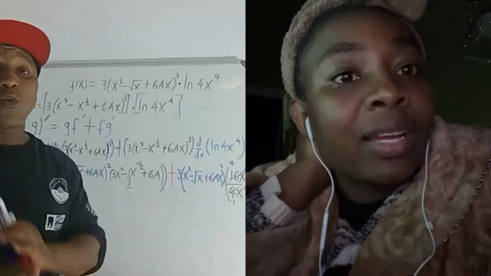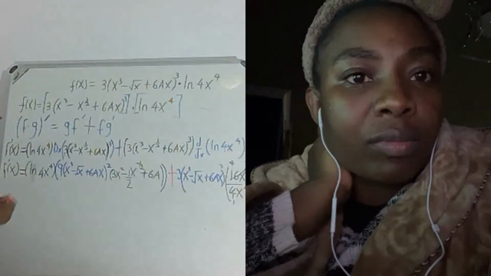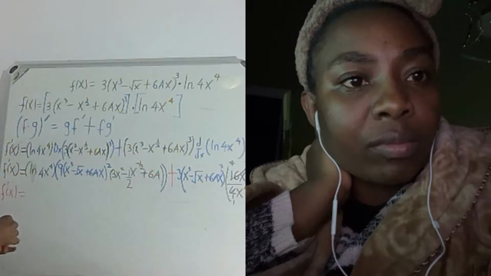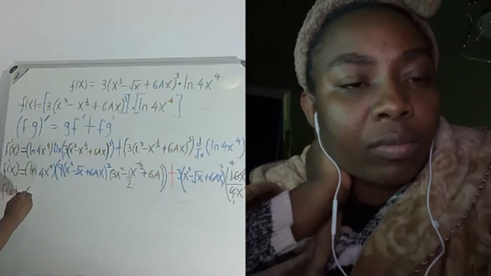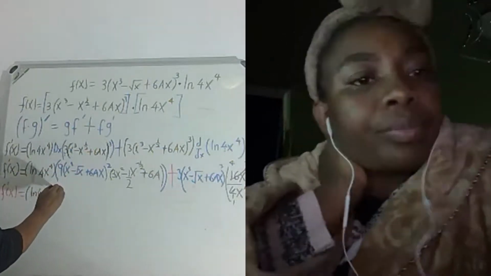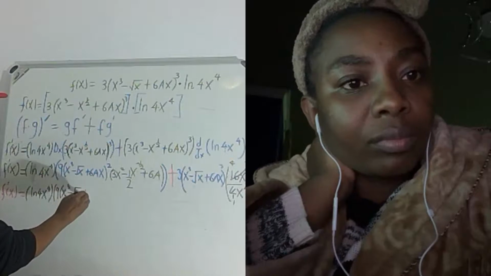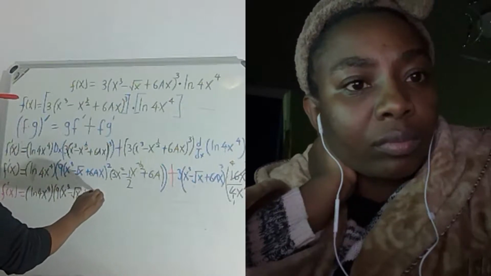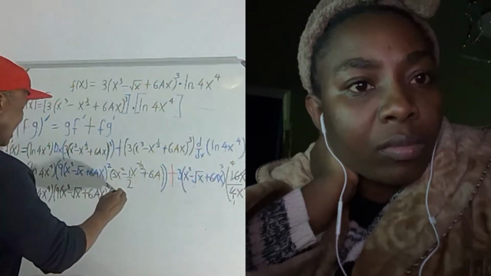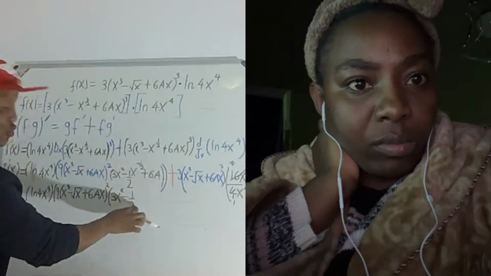So any negative exponent goes to the bottom. So I'm going to write f prime equals Ln, and then here is going to be 9x cubed minus x plus 6a x squared, and this is going to be 3x squared minus 1 over 2, but this half is going to go to the bottom.